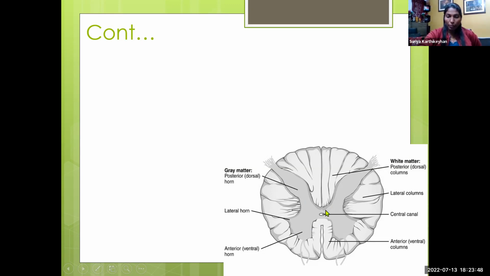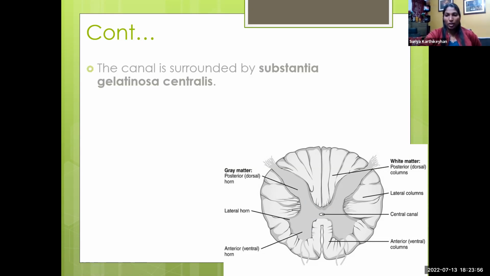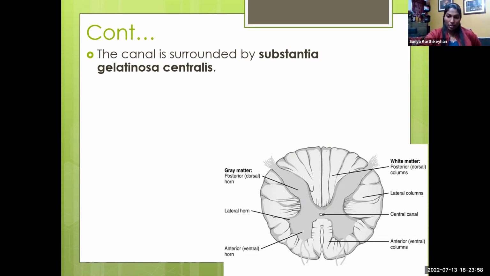The part around the central canal is called the substantia gelatinosa centralis. And then the gray matter is divided into anterior horn and posterior horn. You can make out that the posterior horn is slender, whereas the anterior horn is broad.